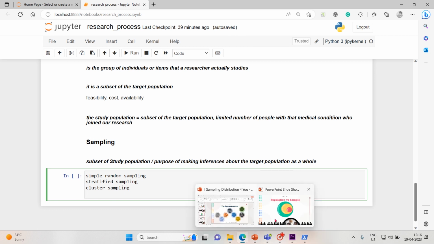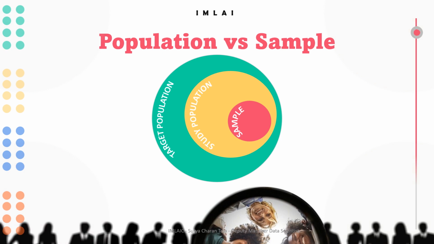For example, a researcher might use simple random sampling to select a random sample of individuals from the study population to participate in a study.